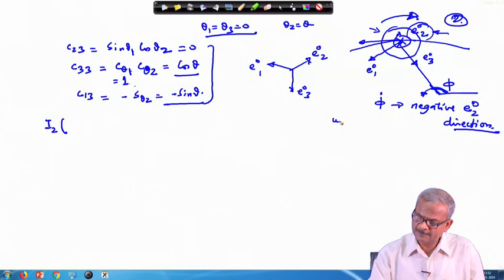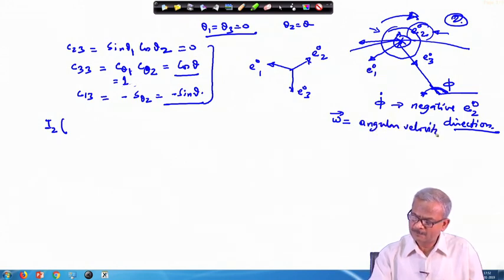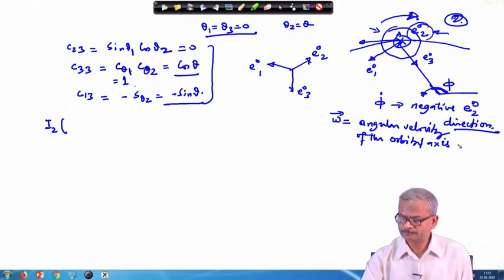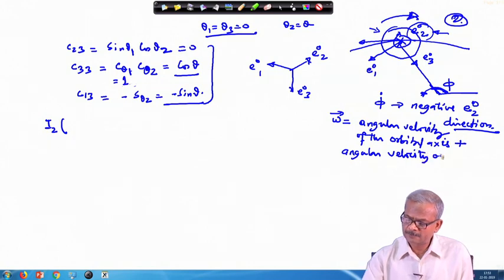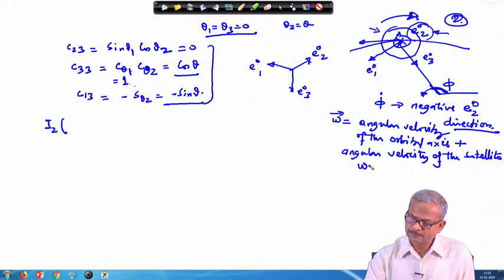We can write the angular velocity of the satellite to be omega, the angular velocity of the orbital axis plus the angular velocity of the satellite with respect to the orbital axis.